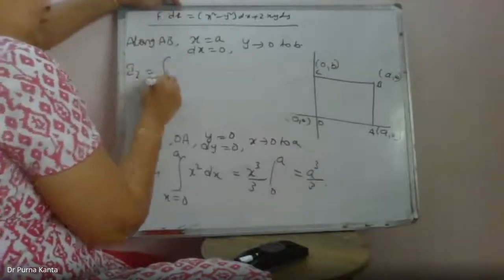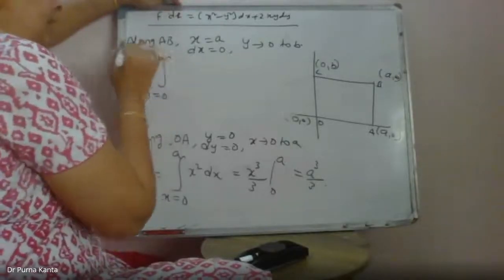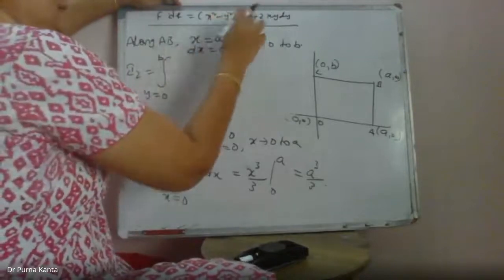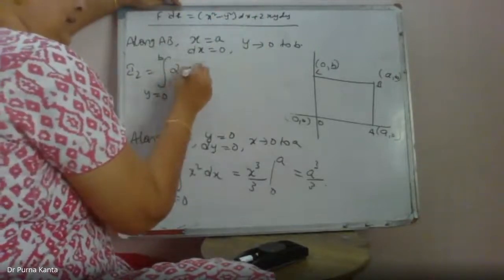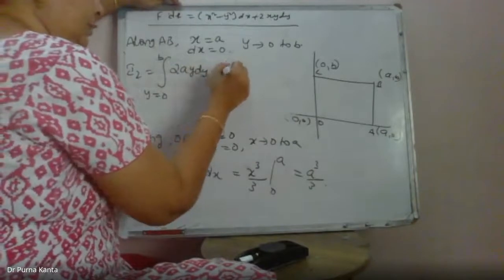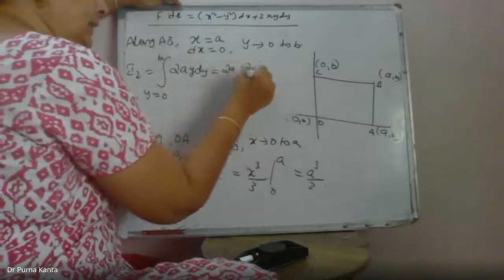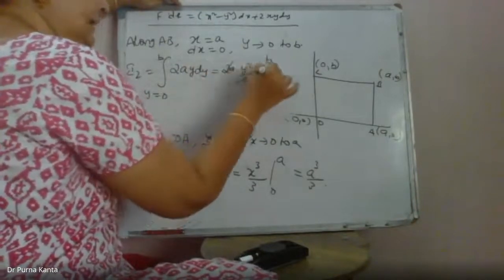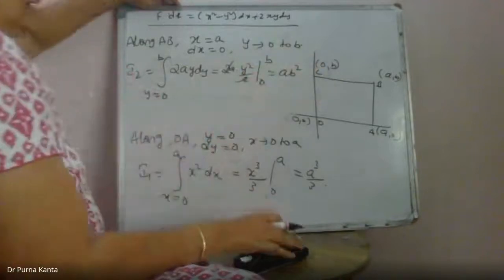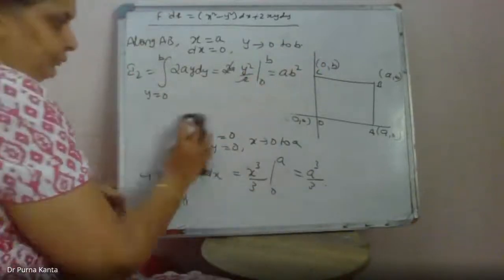So I2 is equal to the integral y from 0 to b. dx is 0 here, x is equal to a, so 2ay dy. 2a into y square by 2 between the limits 0 to b. 2 gets cancelled, which is equal to ab square. That is I2.